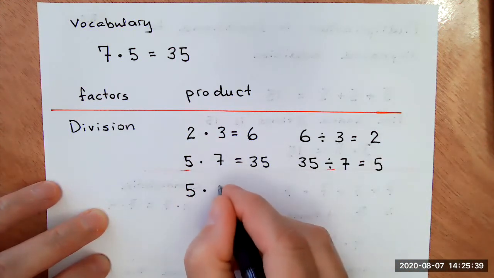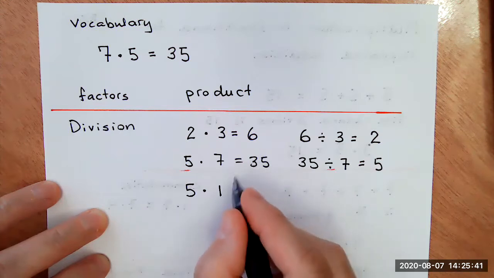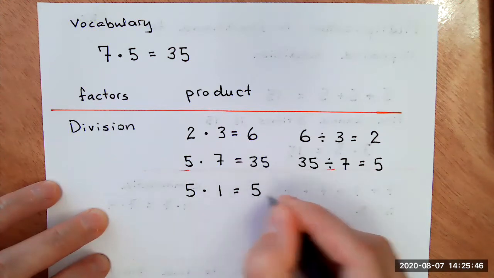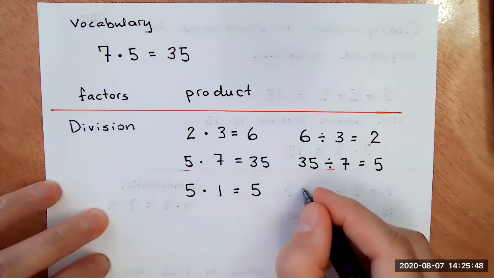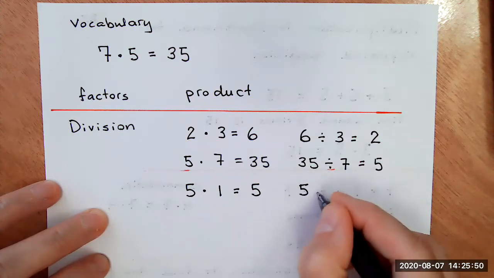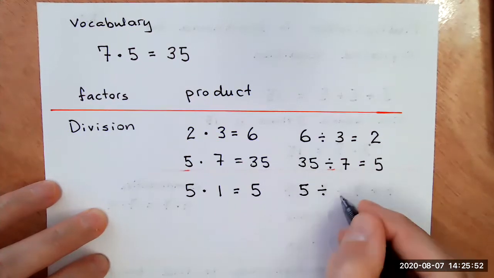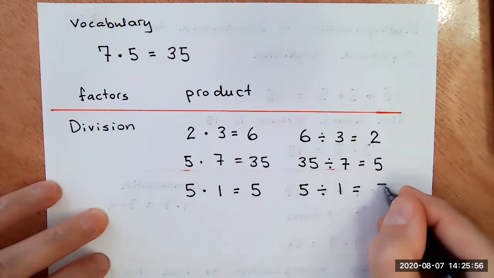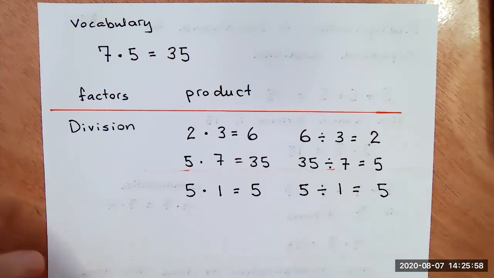Any number multiplied by 1 gives you the same number. So how many 1's are in 5? 5.